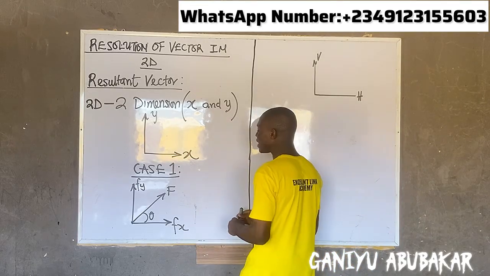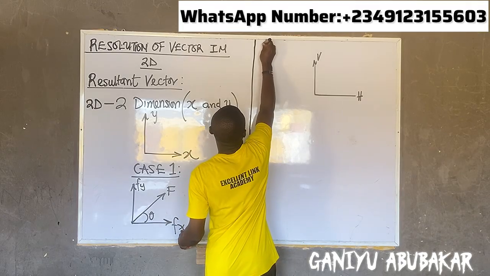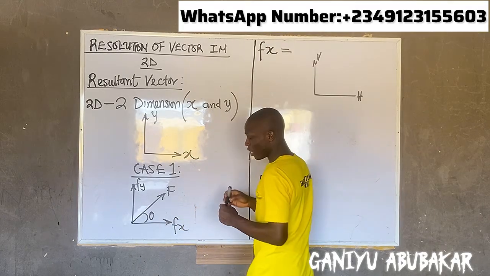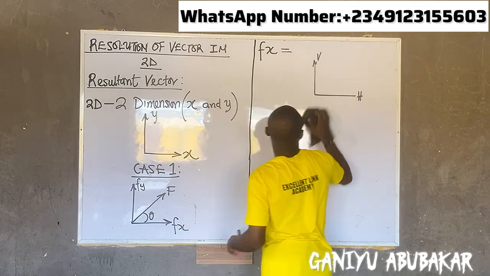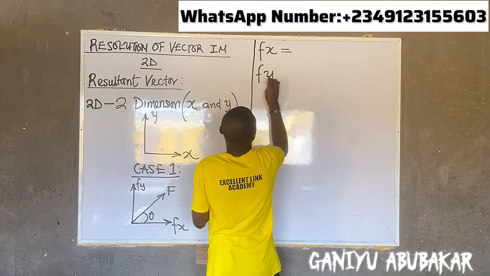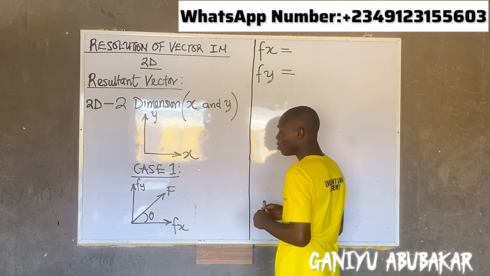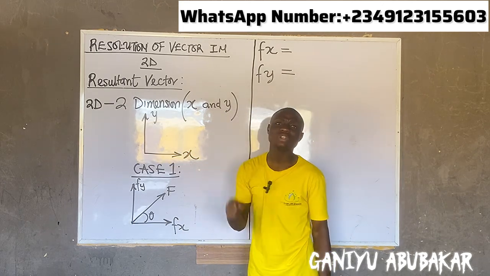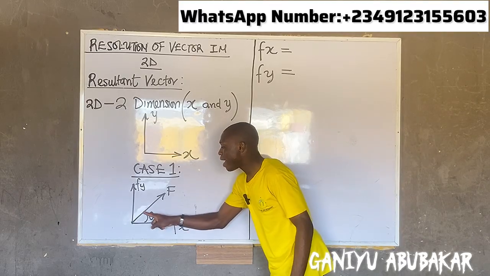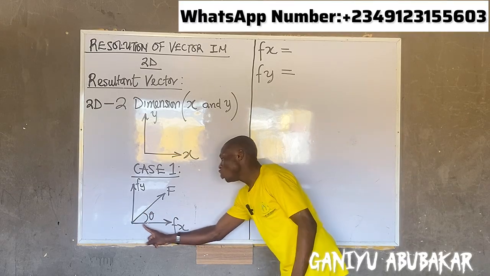What will be the value of F of x and the value of F of y in this case? Please look up. We said anywhere the angle is lying on becomes cos. Observe that in this case 1, my angle is lying on the horizontal.